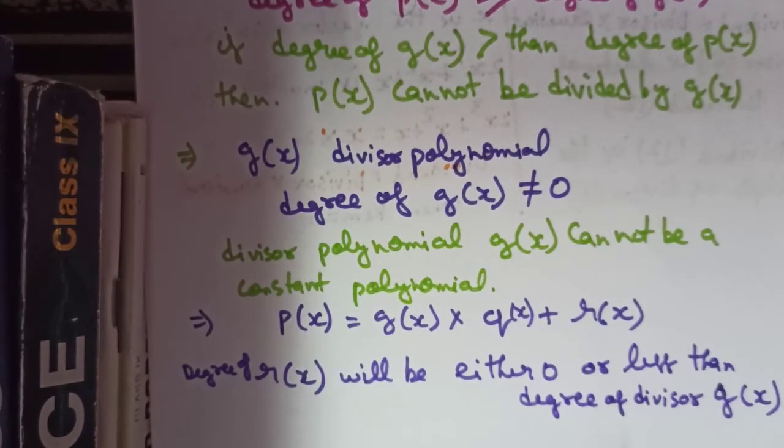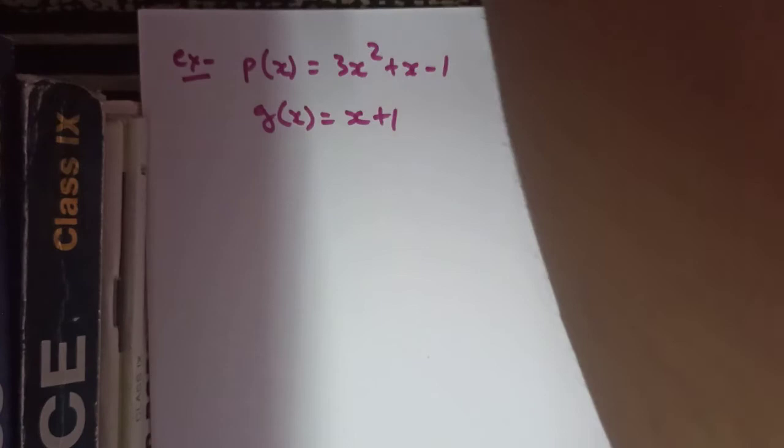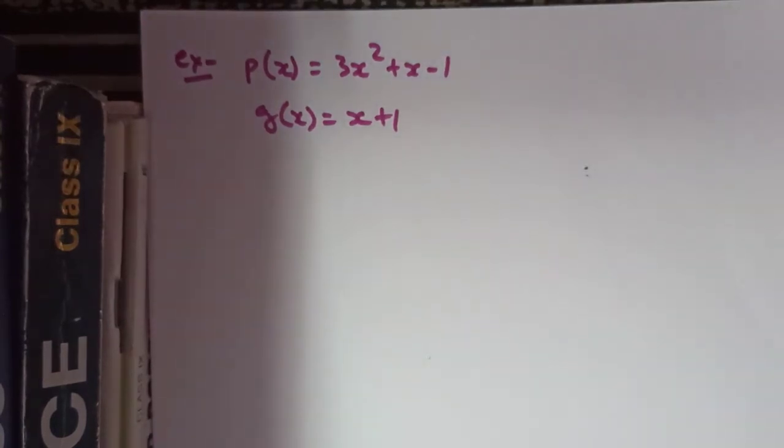Now let us understand all these points with the help of an example. Like I have taken an example here. Polynomial px, that is the dividend polynomial, is 3x square plus x minus 1, and it is divided by x plus 1, that is the divisor polynomial is x plus 1.